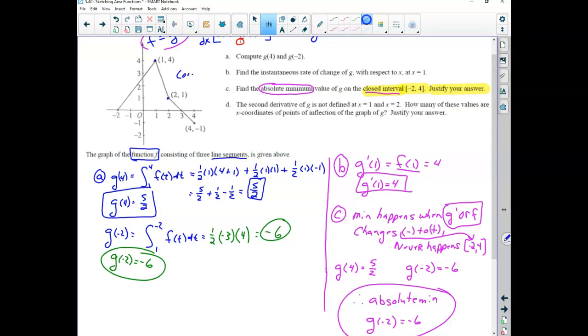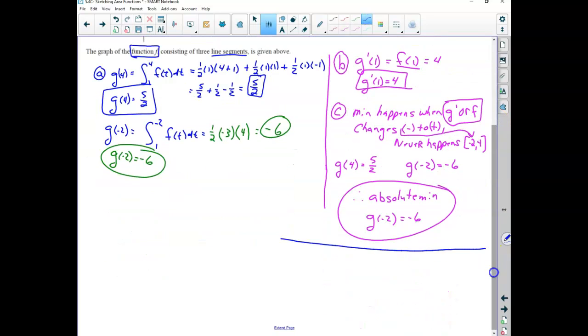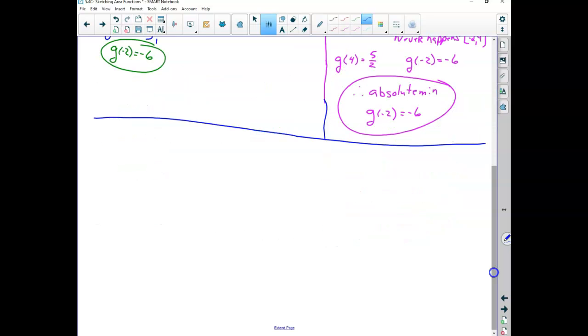Those are both corners, but we're continuous, right? How many of these values are x coordinates of points of inflection on the graph of G? Well, okay, all right, well, points of inflection. I'm thinking my justify. A, B, C, this is D.